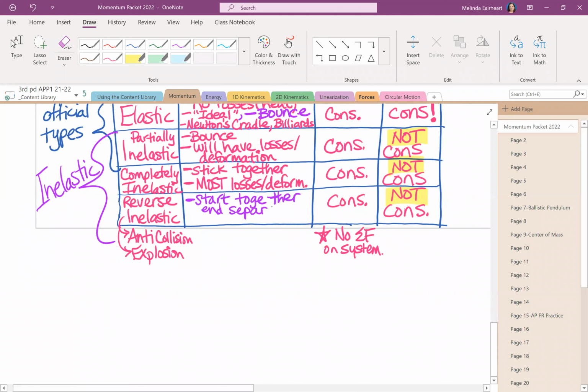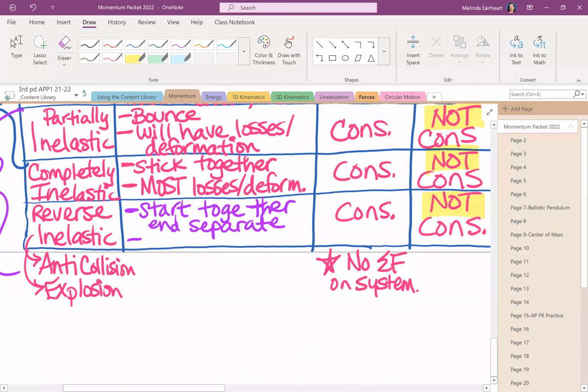And end separate. So like I said, a person jumping off a skateboard is an example. And so they start as one, and then they separate, okay? The system is them together.